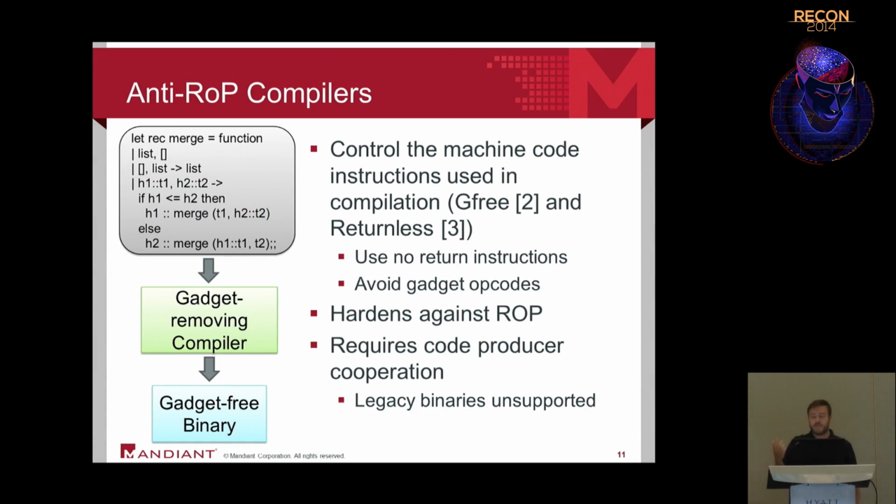There's anti-ROP compilers, so if you have source code, you can compile it and try to remove unintended gadgets, because you can have unintended gadgets hidden in instructions. You can minimize the number of returns. There's a lot of ways to harden against ROP attacks if you have source code. However, you don't always have source code. What if you're running legacy binaries?